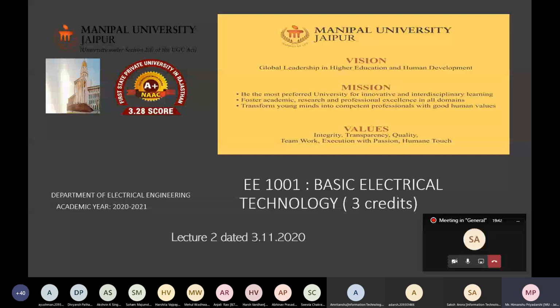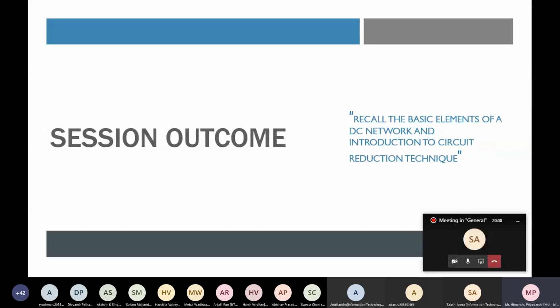You can see the outcome expected from this session is that once you are done with this session, you should be able to recall the basic elements of a DC network. DC means direct current, in which direct current means what? The current is not changing with respect to time.